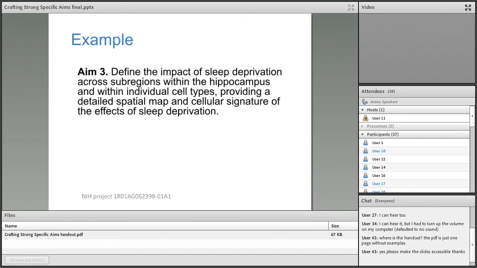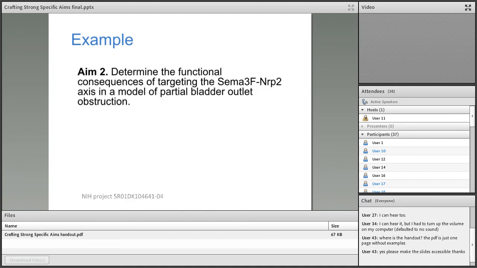So this aim statement's a little long, but it's clear and easy to understand. And one more example. Clear and concise.